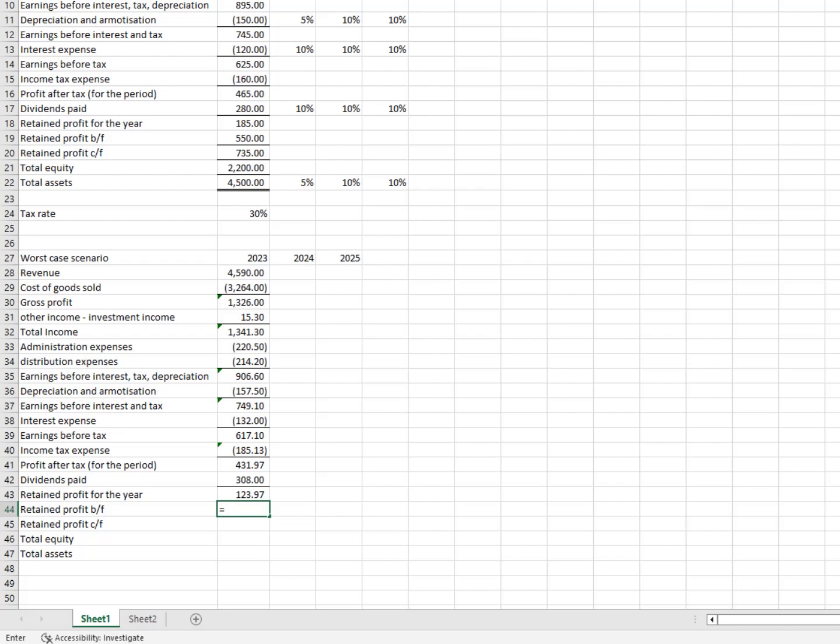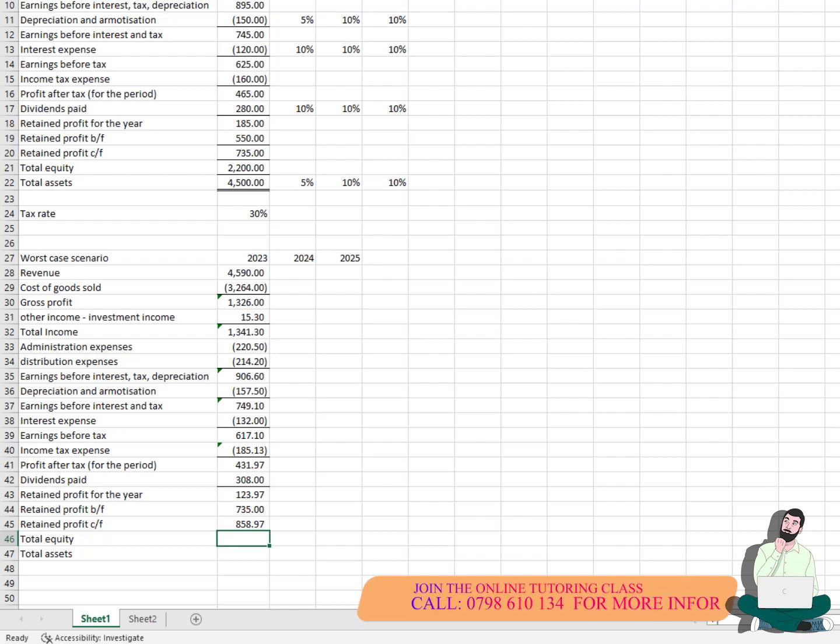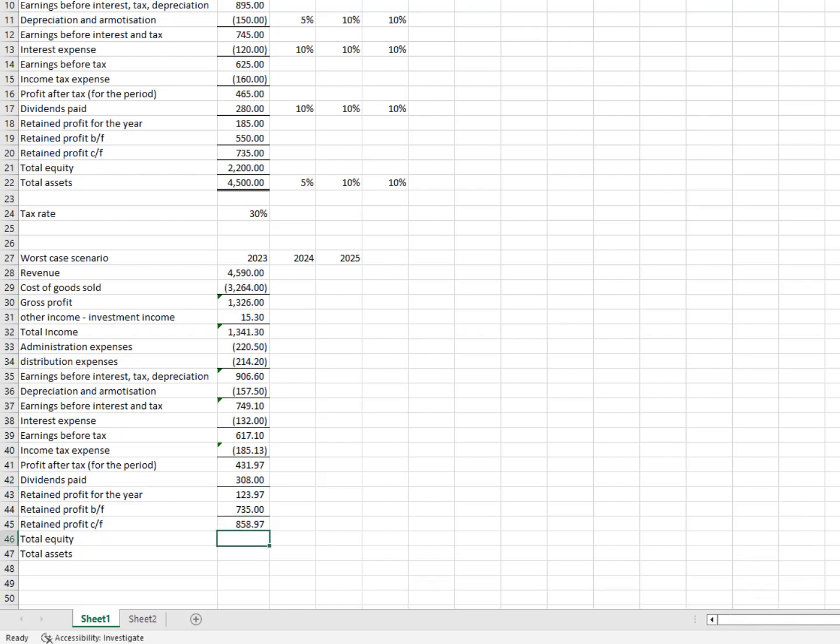So we have it here. So we click on it and then we hit OK. Then to get the retained profit carried forward, we simply add the retained profit for the year plus the retained profit brought forward, and we get the retained profit carried forward. Again, we can format that.